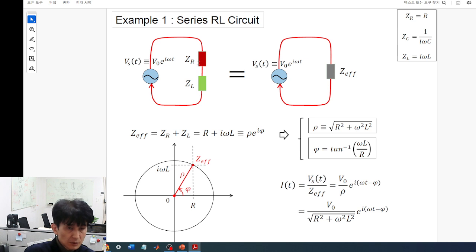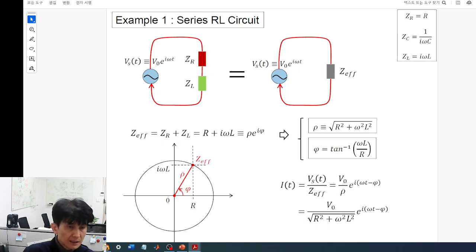If we have a resistor and inductor connected in series, then the impedance is just, if we have two resistors connected in series, then the total resistance is Z1 plus Z2. If we have one resistor R1 and another resistor R2, then the total resistance is just R1 plus R2.